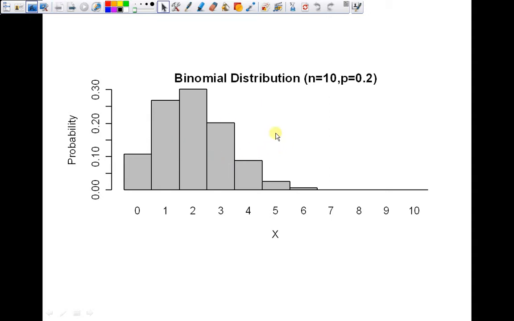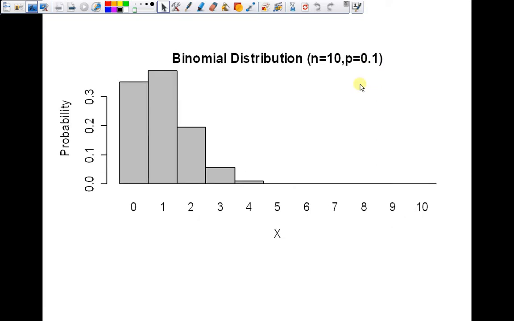One thing to notice is when P is further away from 0.5, at least in this direction, it's becoming more skewed. And also that it's centered around the population proportion, in other words, our probability of success. We'll look at 0.1, which gets more right skewed, centered around 1.